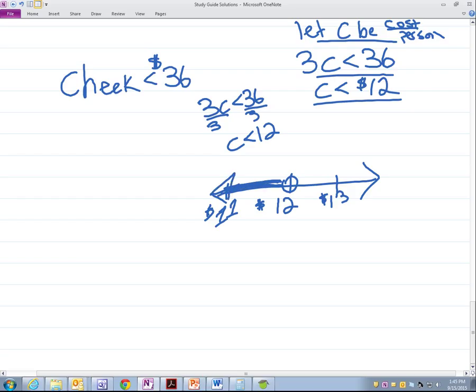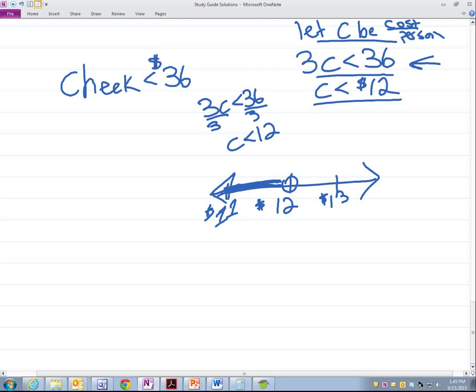For the inequality, I put 36 over A equals 3. And that's what you have here?